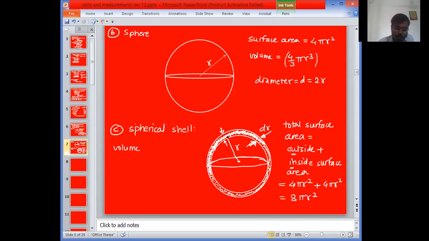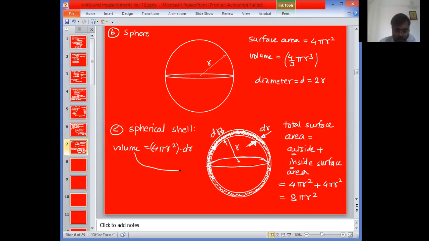Okay, so first of all, find out the inside surface area. That will be equal to 4 pi r square. The inside surface area, 4 pi r square, multiplied by this distance. This distance is equal to dr. So 4 pi r square multiplied by dr will give you this volume.